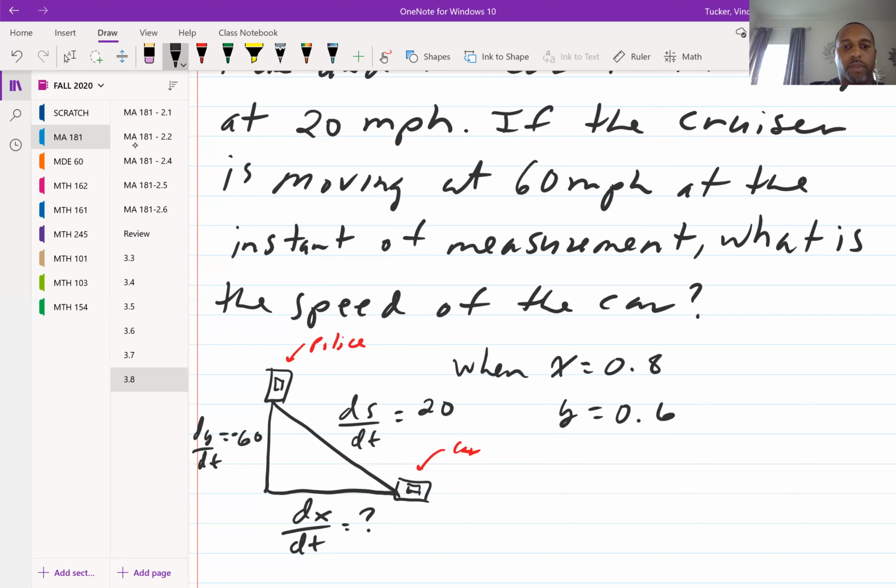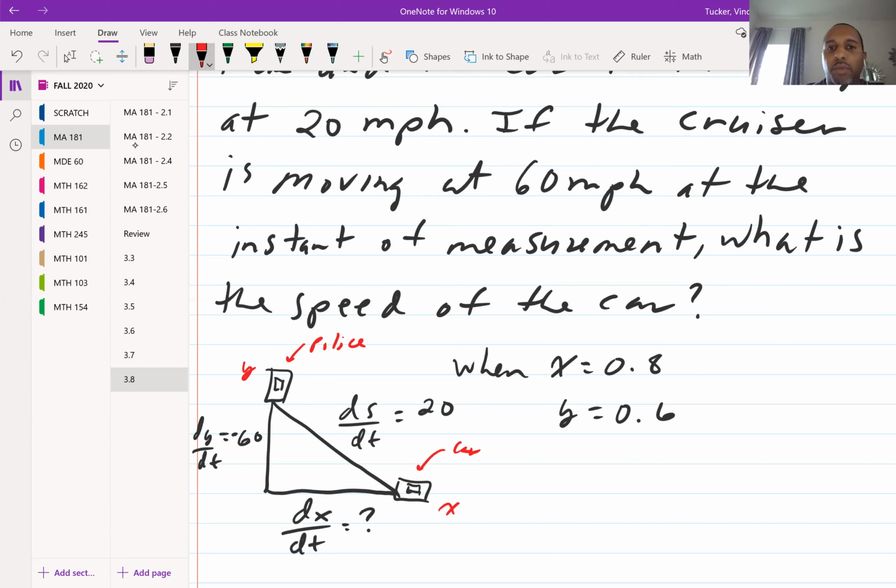So up top is the police. And that's our x and y variables: x horizontal, y vertical. And so our rate that the police is coming down to get the car, we would look at that as being negative, because he should be slowing down to try to make this turn.